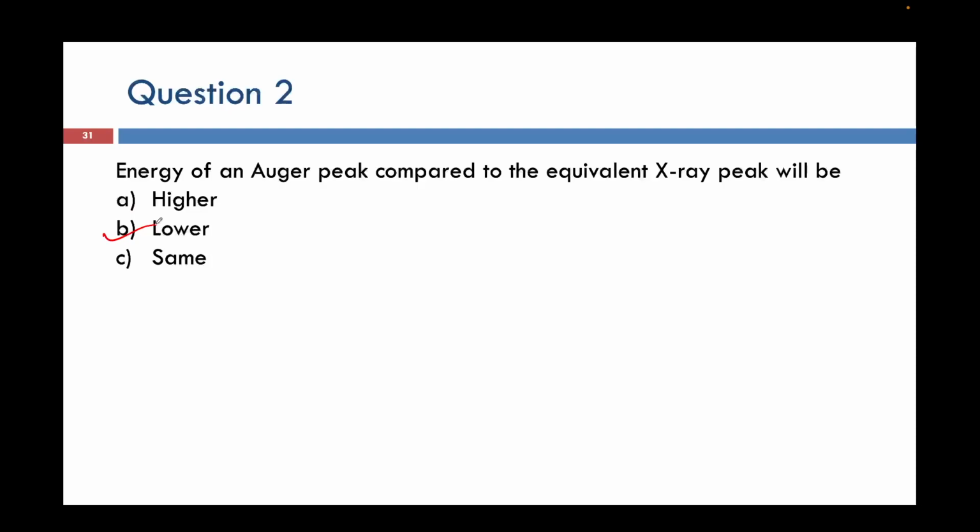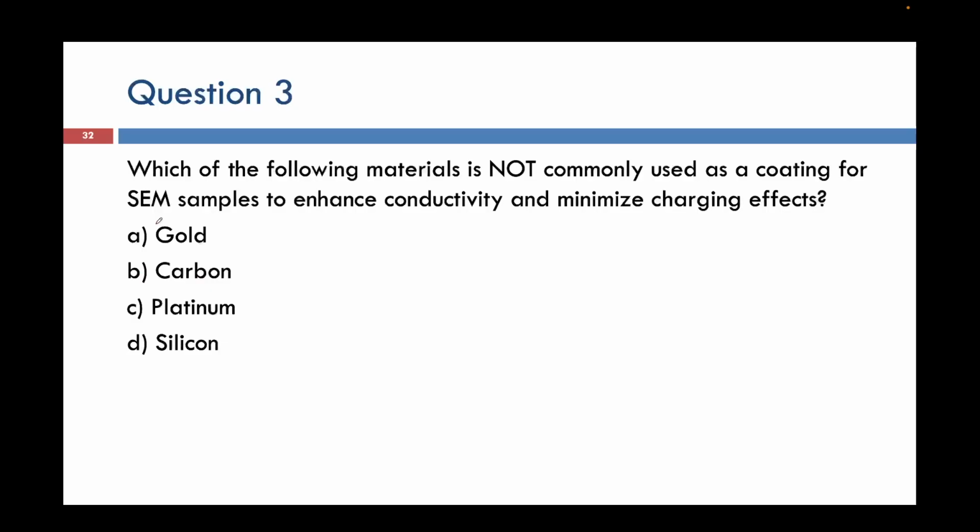That's the correct answer. Then the next question is: which of the following materials is not commonly used as a coating for SEM samples to enhance conductivity and minimize the charging effect? If you remember, I told you in the last class that for metallic materials charging will not happen because they are conductive, but for non-conductive materials we generally deposit something on the sample.